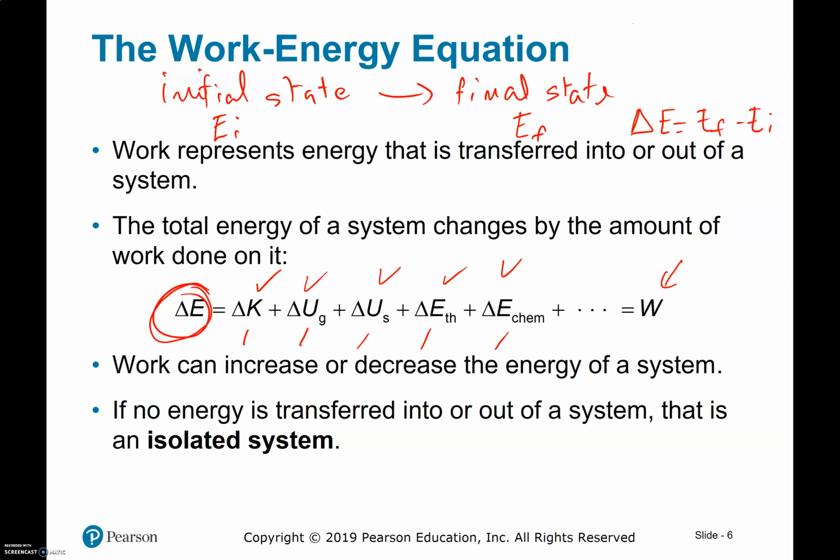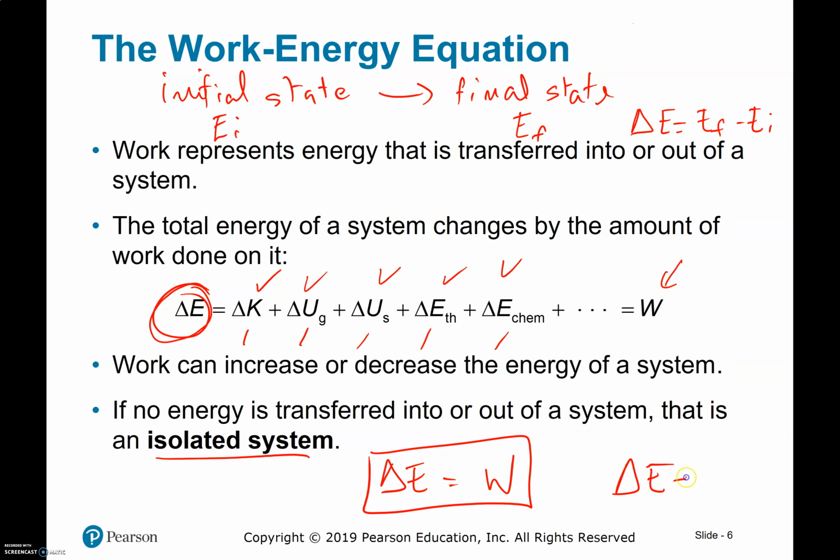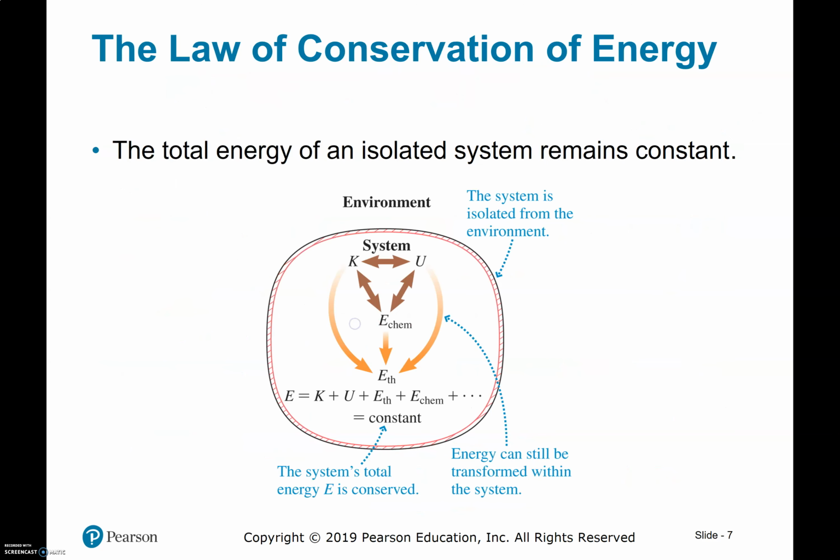So the change in energy, delta E, for now, is going to be equal to the work done, or the energy that is transferred to the system. So if there's no work done, then we call this an isolated system, and the change in energy is equal to zero, or it is conserved.